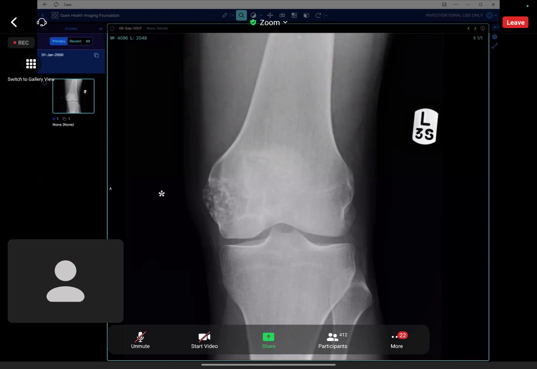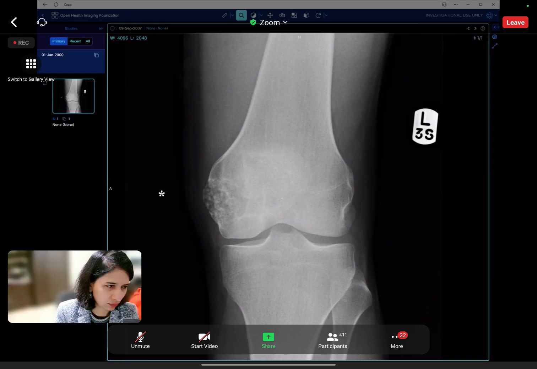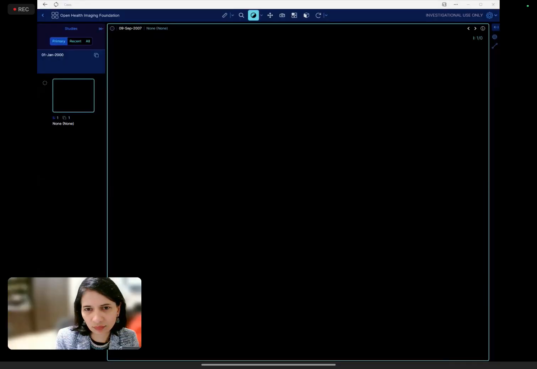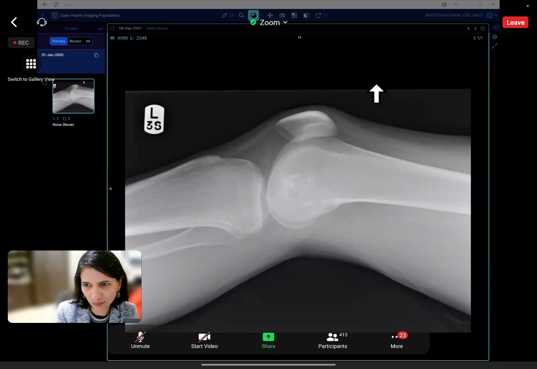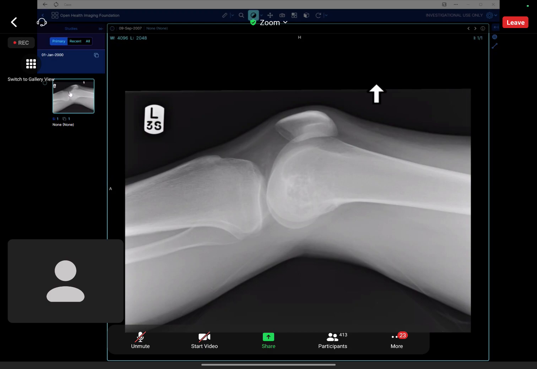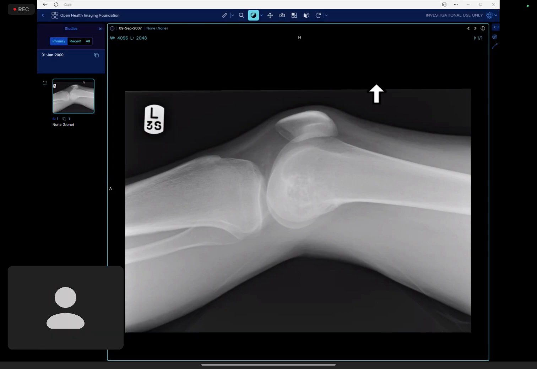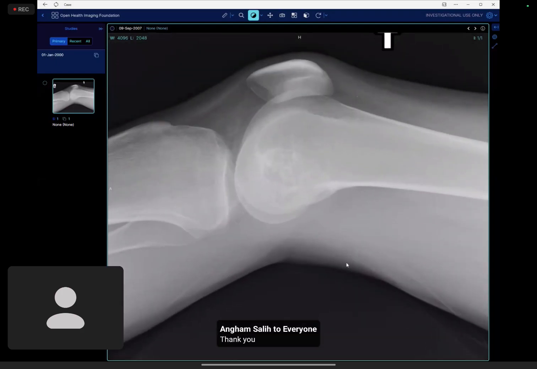I would like to look at the lateral radiographs if available. The lateral radiograph confirms the presence of a well-defined lucent lesion with calcifications within.